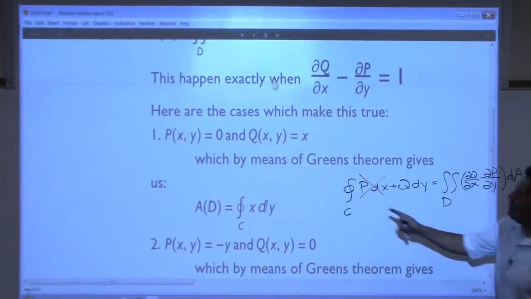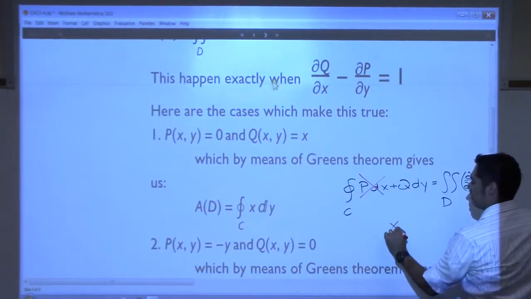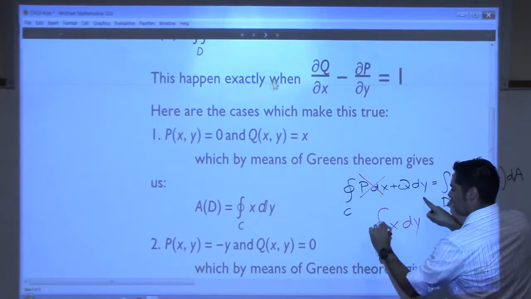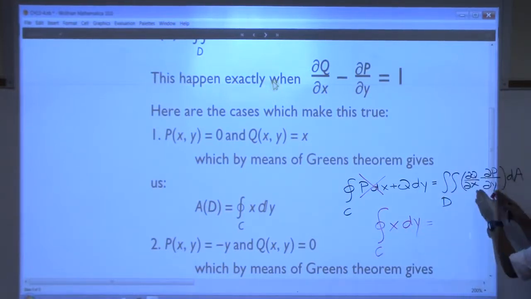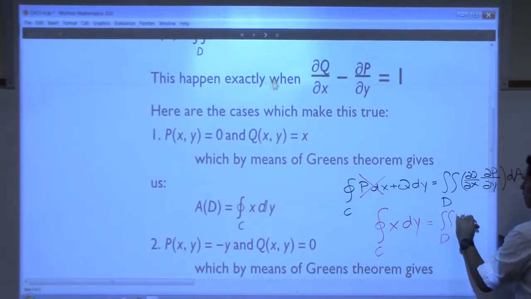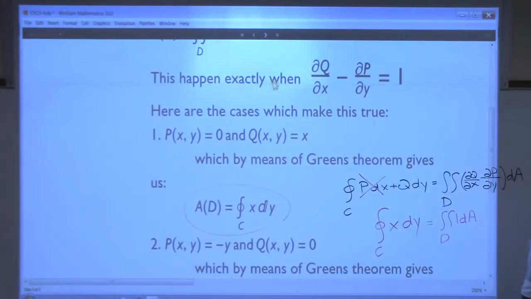Yes? If I let q of x be x, this is an x dy, right? Line integral over c like this. And this will be equal to, we know that will be a 1, right? So this will be, that's what this says right here. You see that?